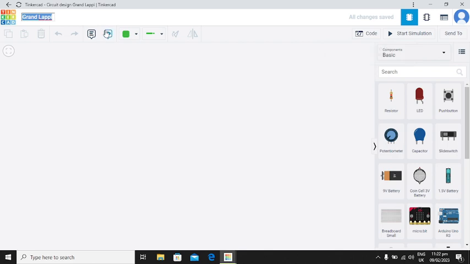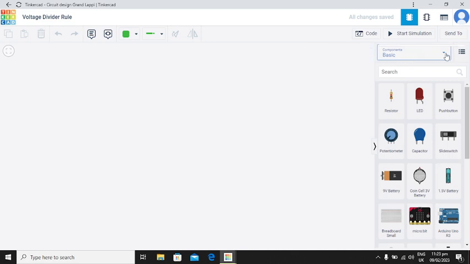So changing the name of my project, voltage divider rule. So this is my project, and for voltage divider rule I need some components, some basic components of electronics.